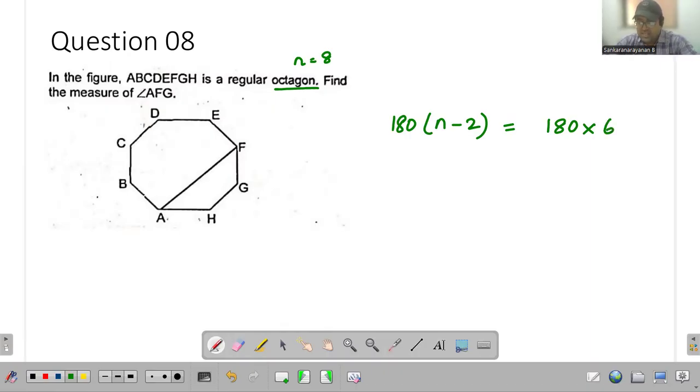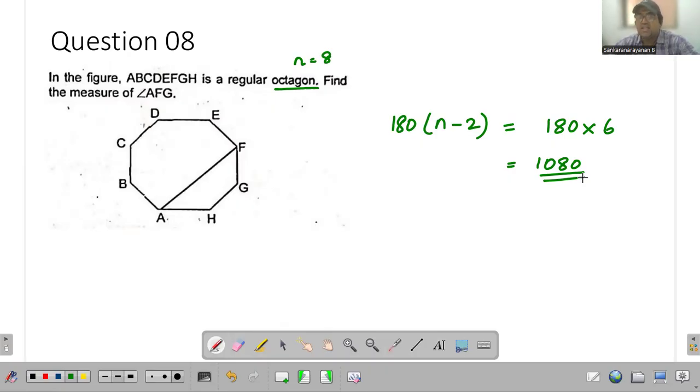So 180 into 6 gives a total of 1080. That is the sum of all the internal angles associated with this octagon.